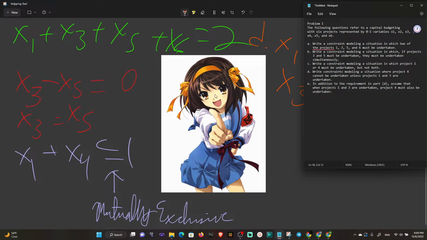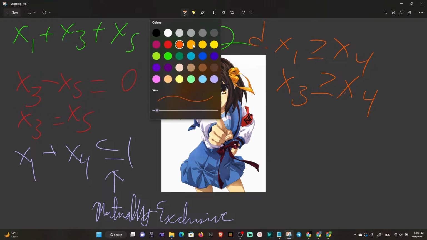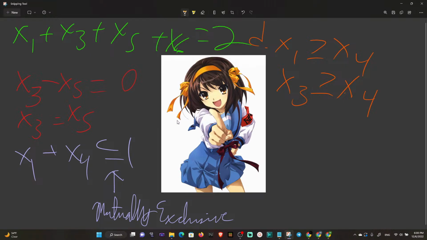Now the mistake here is that some people will just set it up as X4 is greater than or equal to x1 plus x3. But that's not possible because then this would pretty much be 2 all the time, but you don't want that. So you have to add -1.